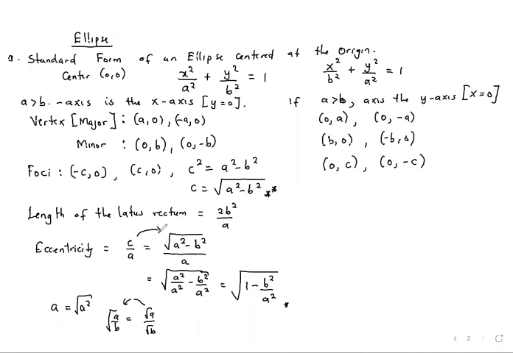So these formulas are done. They work for both parts. Then what else is important on the ellipse?